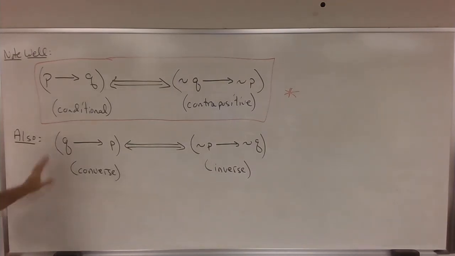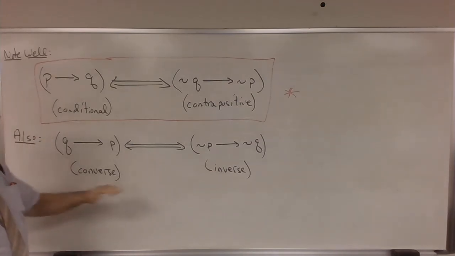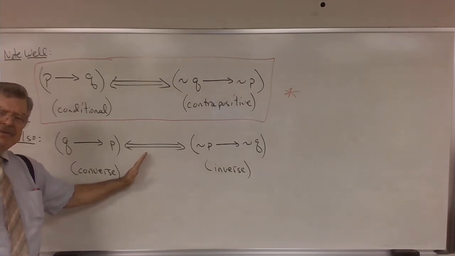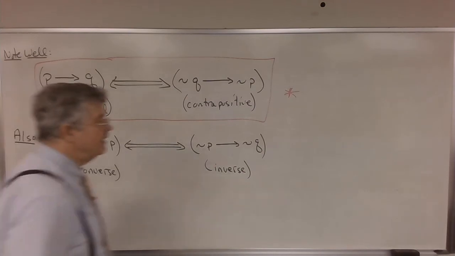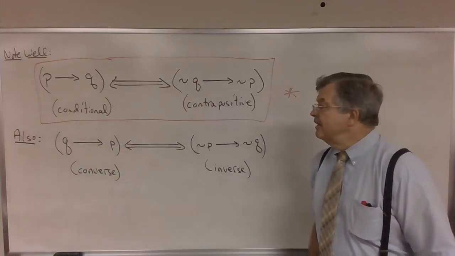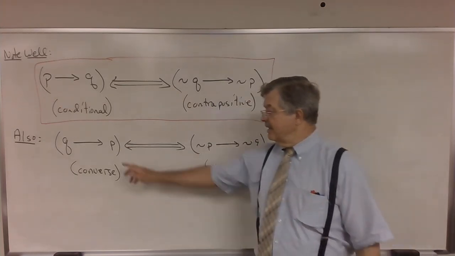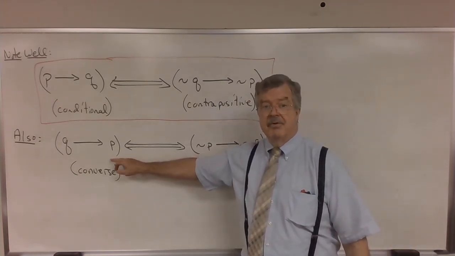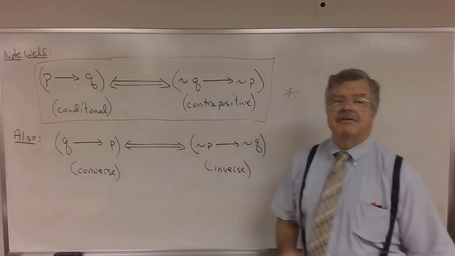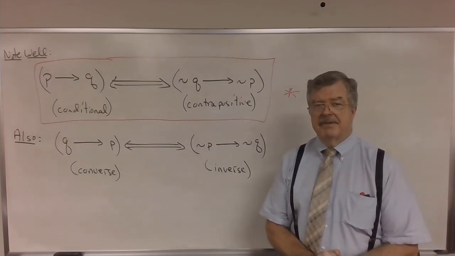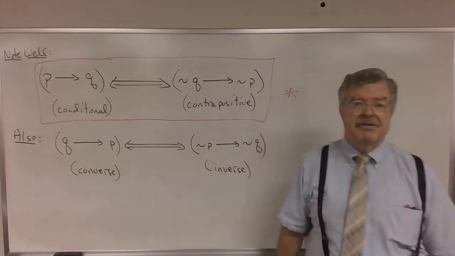You would think that maybe they'd be just as important as this, but we very rarely use this relationship. This is the biggie right here. So know what the conditional is, know what the contrapositive is, know what the converse is, that's important, and know that the conditional and the contrapositive are logically equivalent. This is a big relationship right here. So remember that.